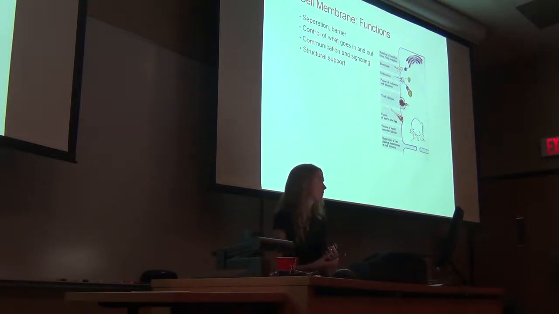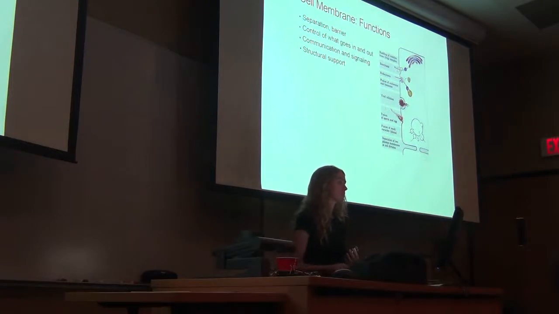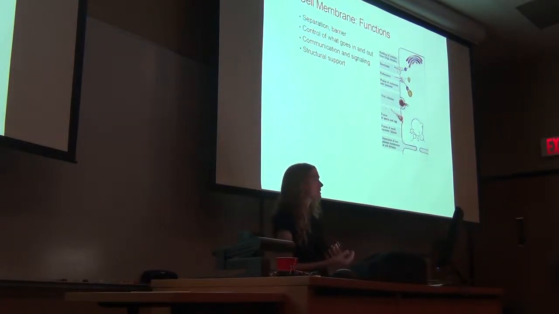Later on, you'll certainly talk about membranes as communication devices, as mediators of signaling, in particular from neuron to neuron, transmitting impulses, transmitting chemical signals, transmitting electrical signals. Of course, they also provide some structural support.